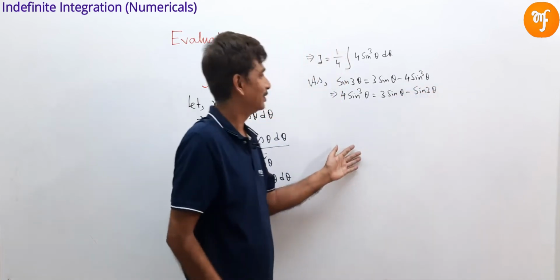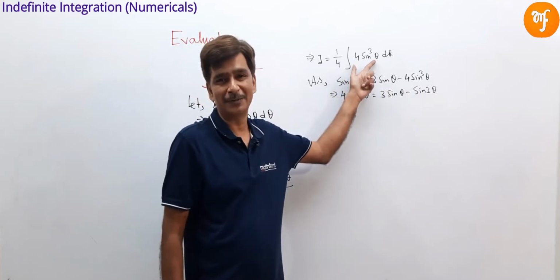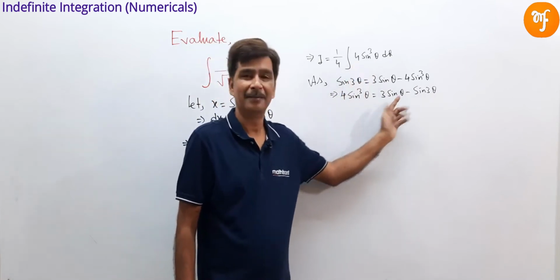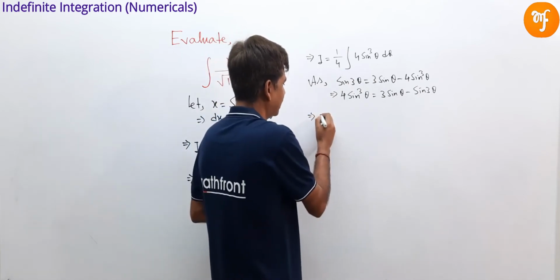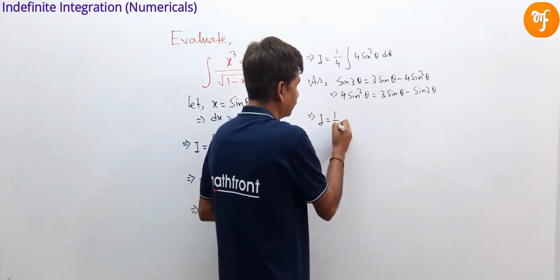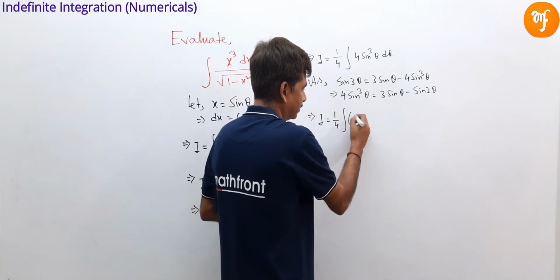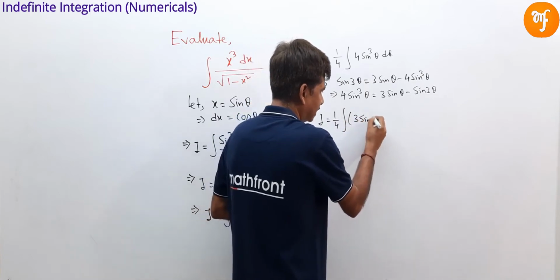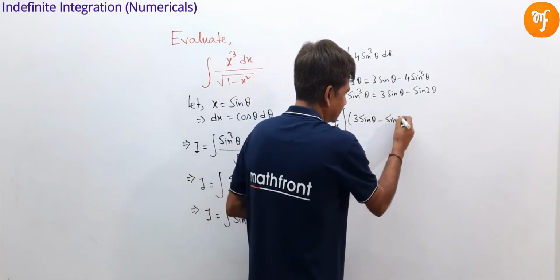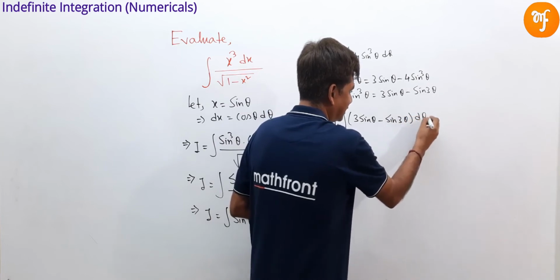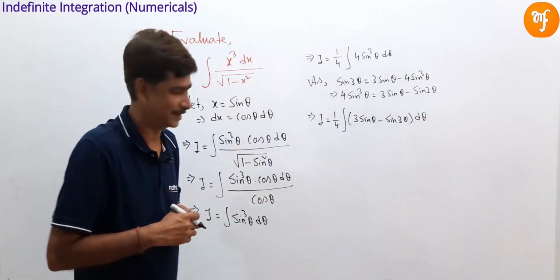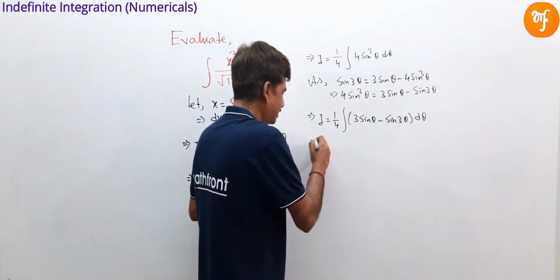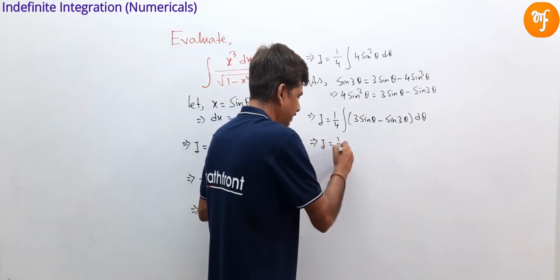So we will substitute 4 sin cube theta by 3 sin theta minus sin 3 theta. So I becomes 1 upon 4 into integration of 3 sin theta minus sin 3 theta d theta. Now the integration can be easily done. So what will be I? Applying the formula, it is 1 upon 4.